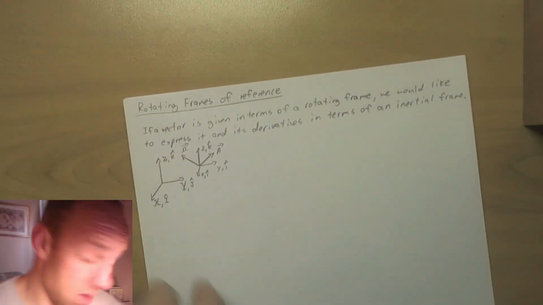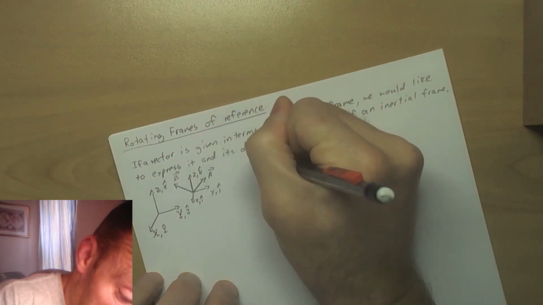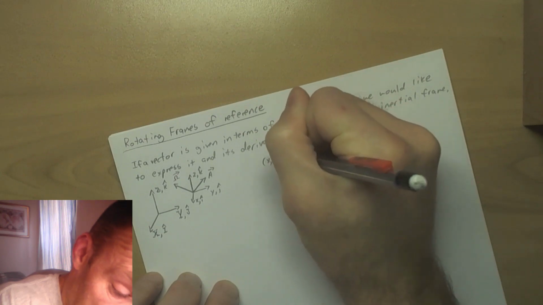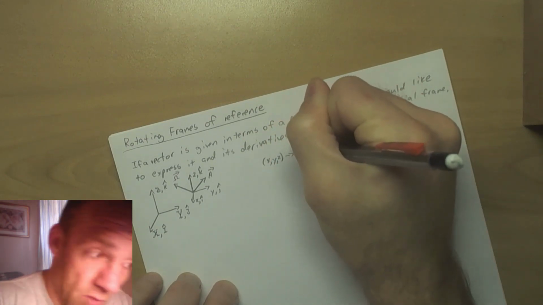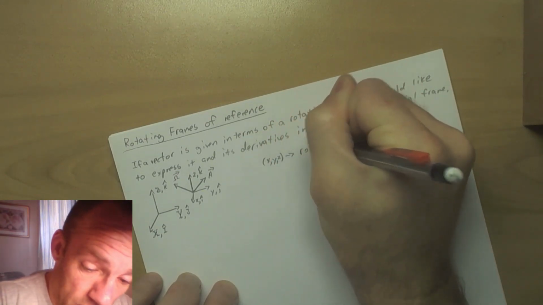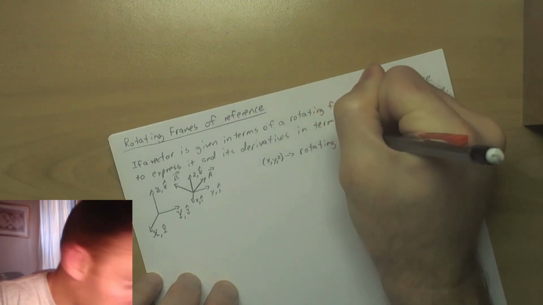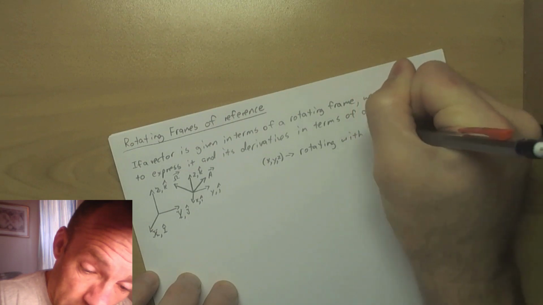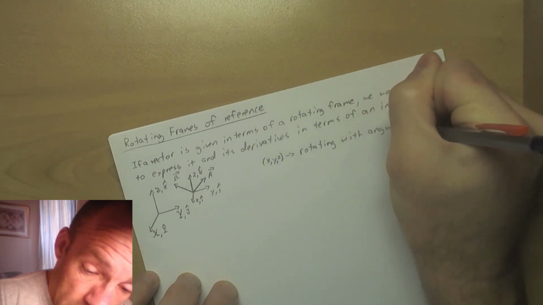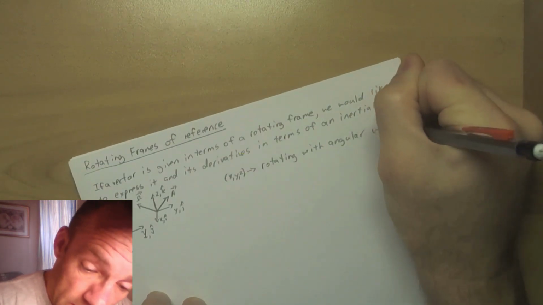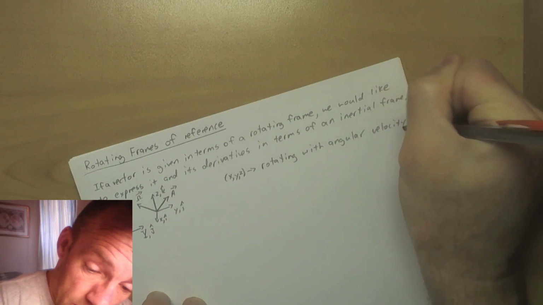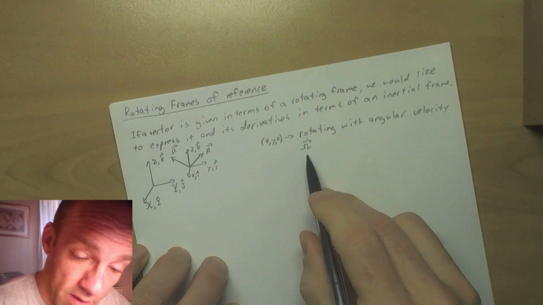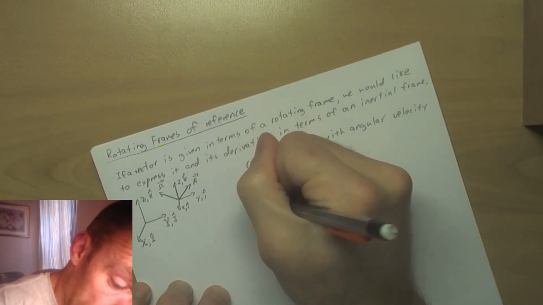Okay, so the xyz, this is the rotating frame. That's capital omega.